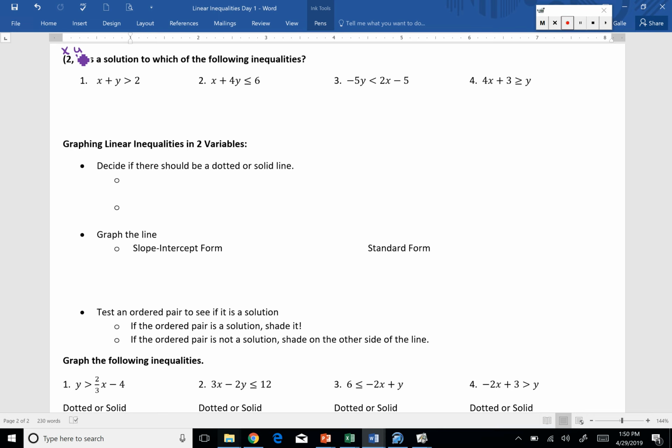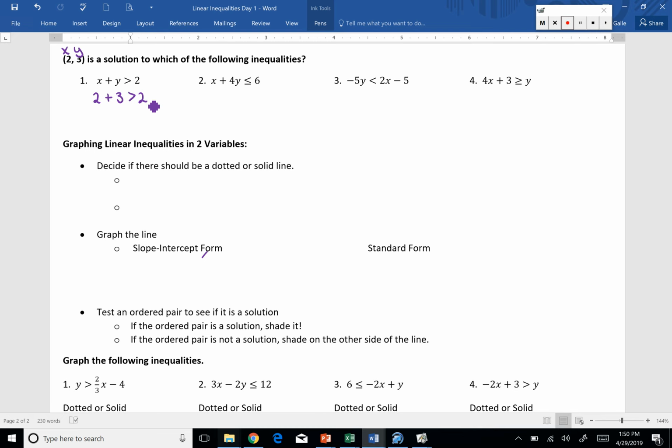So wherever I see an x, I'm going to put a 2. Wherever I see a y, I'm going to put a 3. The x's and y's are gone. I know for some of us last unit, that's where we got a little stuck. We'd substitute a 2 in for x, but we'd still put an x with it. Notice instead of x, I have a 2. I still have my plus sign, and then I have my 3 instead of my y.